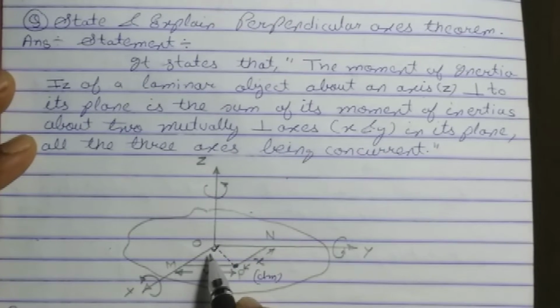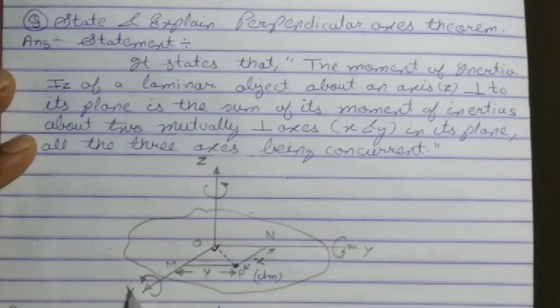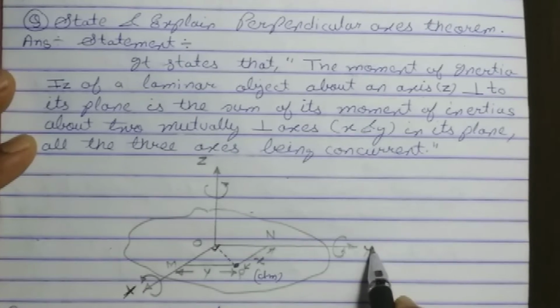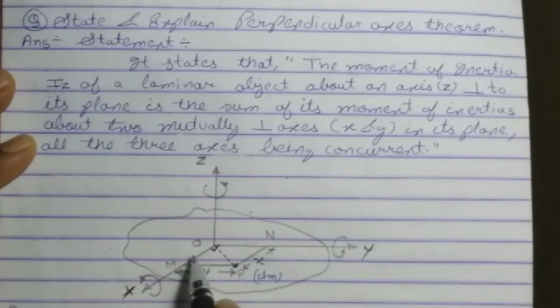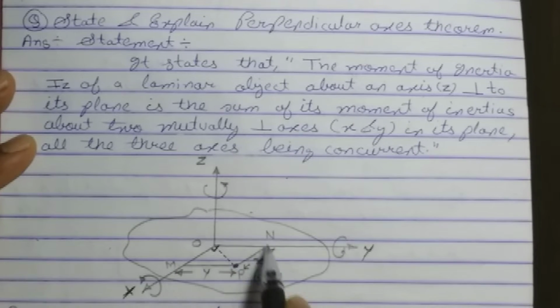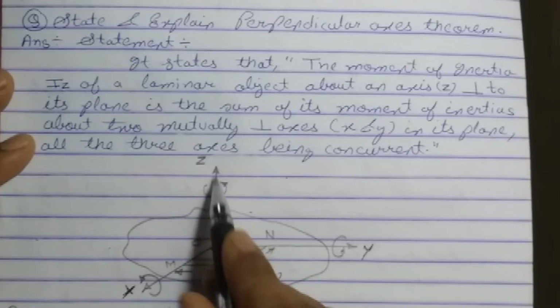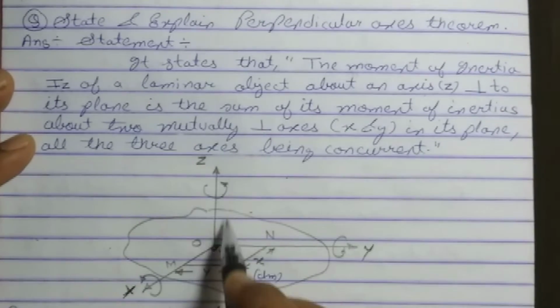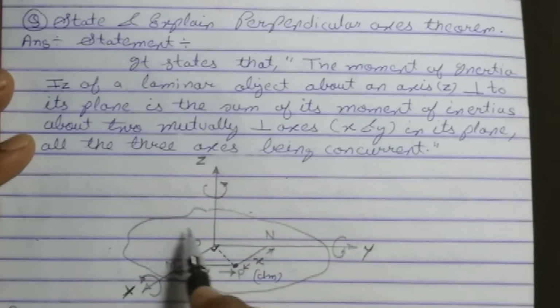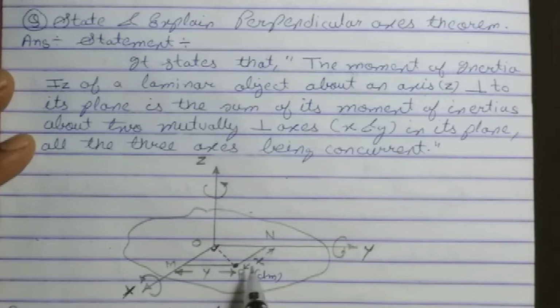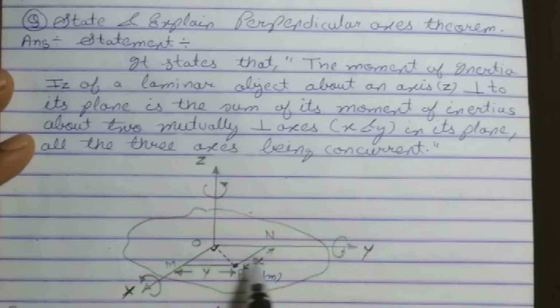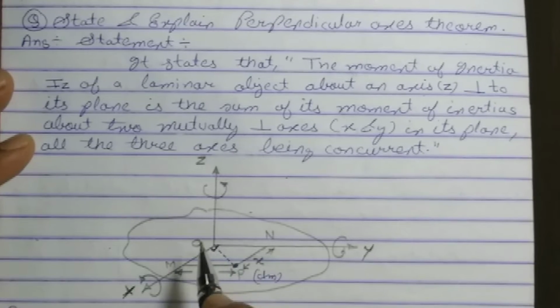You can see here, the x-axis and y-axis both are in the same lamina, same plane of a rigid body. There is one more axis of rotation which is perpendicular to the plane lamina as well as perpendicular to the two mutually perpendicular axes which are in the same lamina.